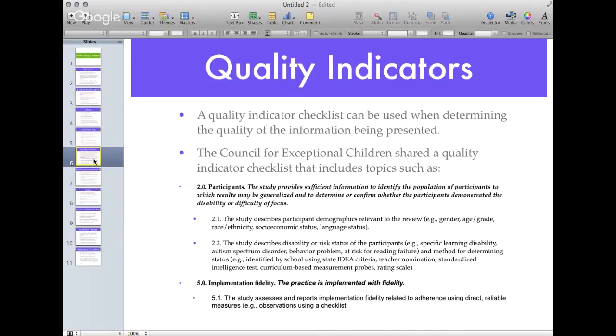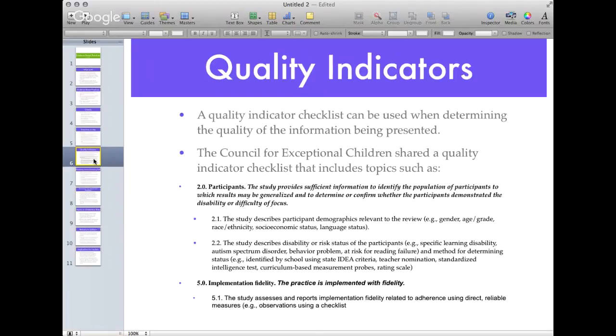The subcategories under that were that the study describes participant demographics relevant to the review. So does it give the gender, age, grade, race, ethnicity, socioeconomic status, language status, anything like that? Does the study describe disability or risk status of the participants? As in, do they have a specific learning disability?